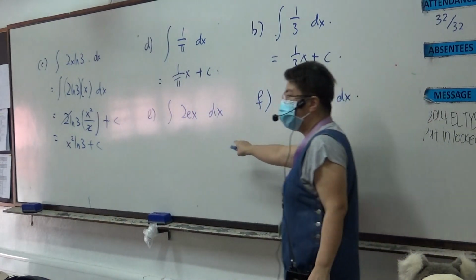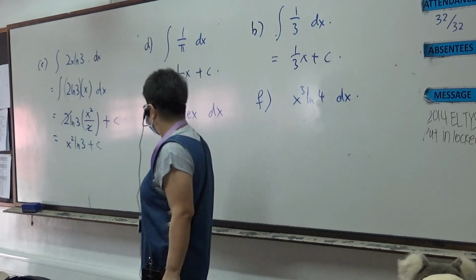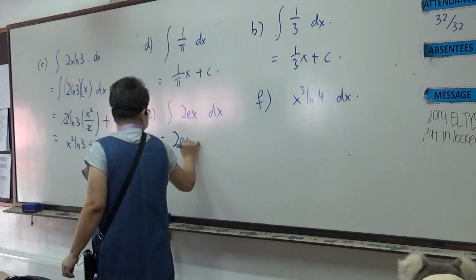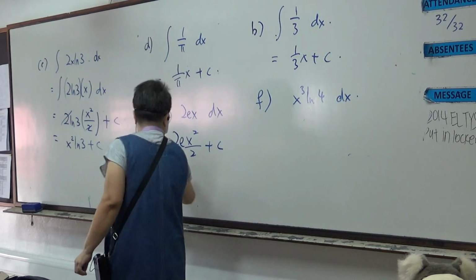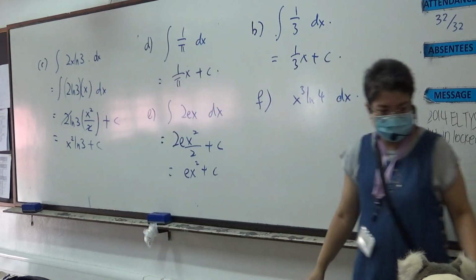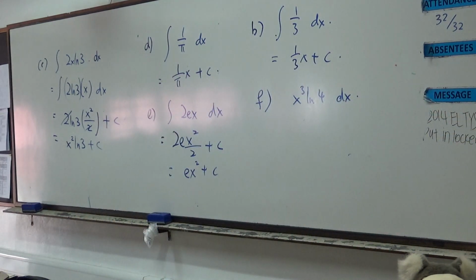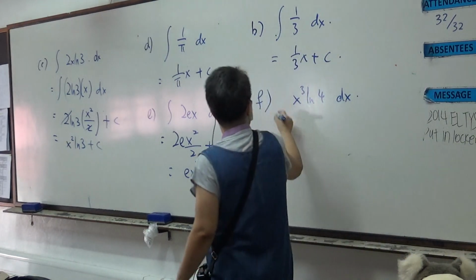Can you tell me here what is a constant? 2e is a constant, right? Can you get an x squared plus c? Okay. What I see, I never write this.